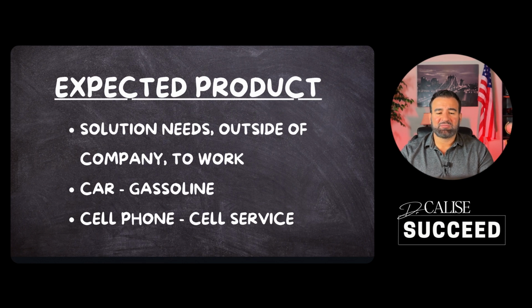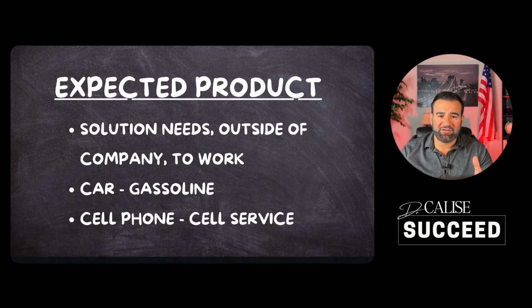You might even need a third-party entity to get Wi-Fi on your phone. So that's what we're talking about, the expected product. Are we an industry that has to rely on someone else in order for that product to work? Now, in order for it to be an expected product, it has to be a required service that's outside of your company.